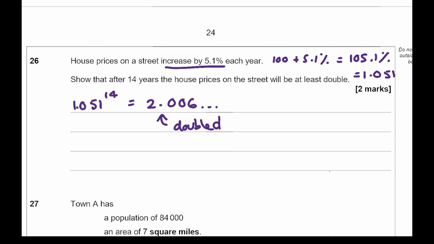Now another alternative you could do is to pick a price for a house. So let's say that the original value is 100,000.